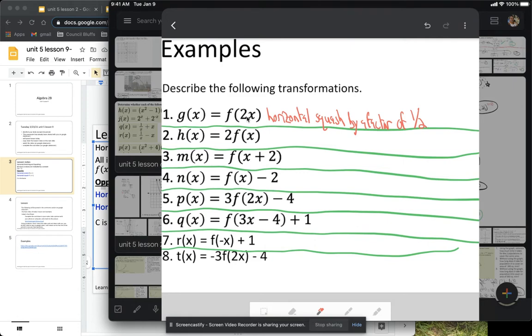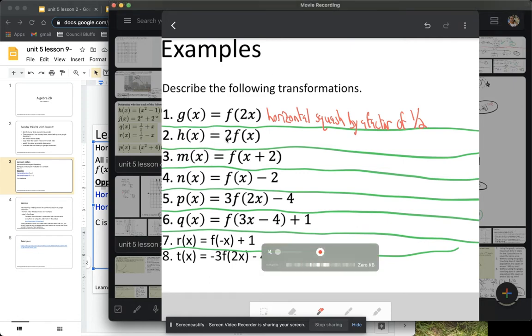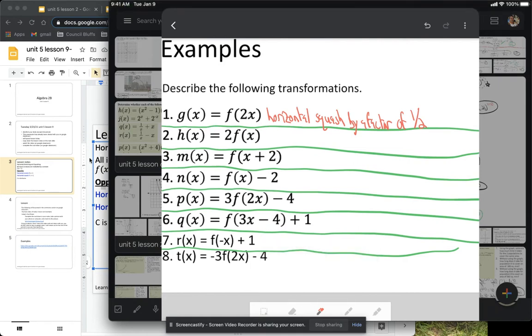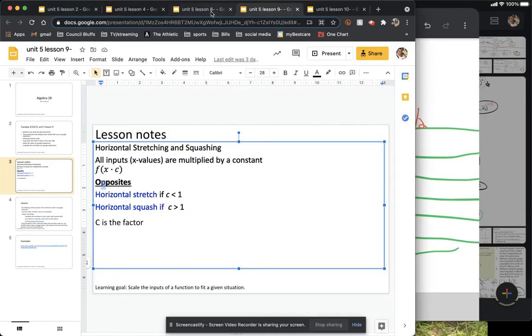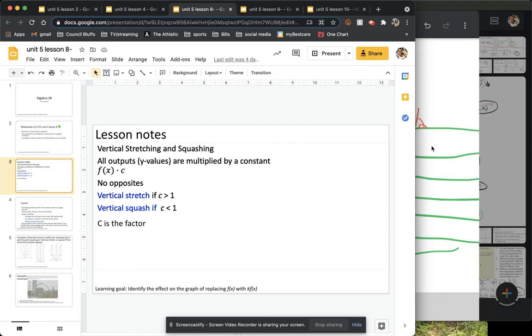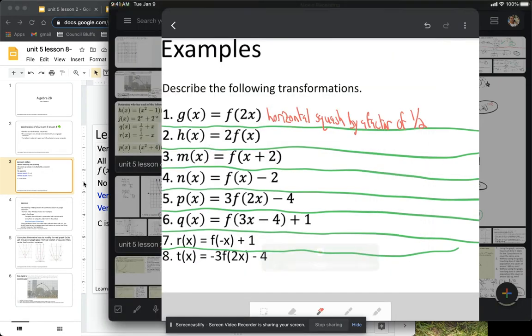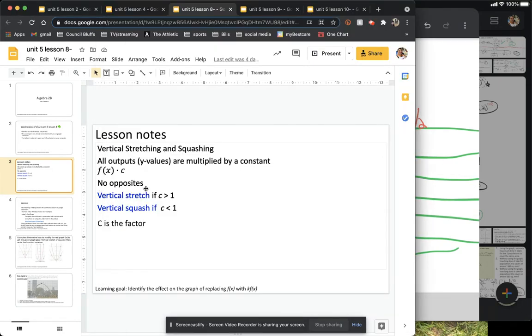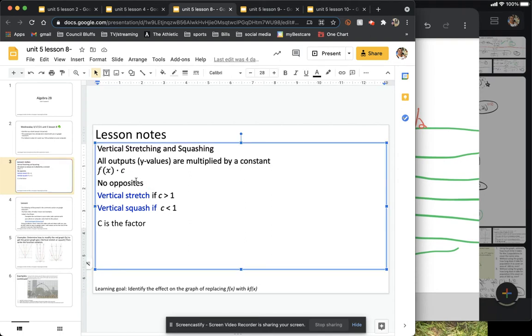Number 2, notice we're doing pretty much the same thing, except now the multiplying by 2 is outside the parentheses. So outside the parentheses tells me this is going to be a vertical stretch or squash. In this case, with vertical stretches and squashes, we don't do the opposite.